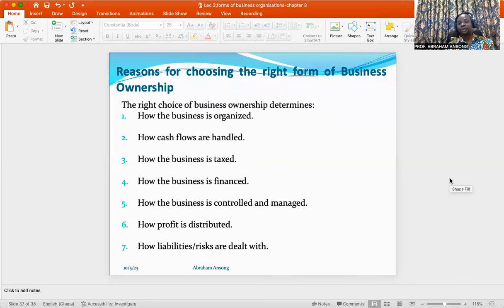We just explained that. If it is a sole proprietor, you, the owner, will still be responsible for the management and the governance of the business. It has its advantages and disadvantages. All right, you may be knowledgeable in or limited to just a few fields. If you don't have the expertise in other areas, your business may suffer, and so on and so forth. The implications are things that we cannot overlook.